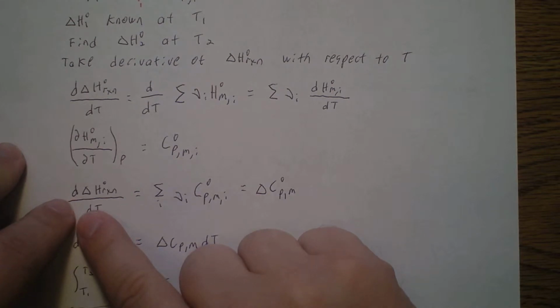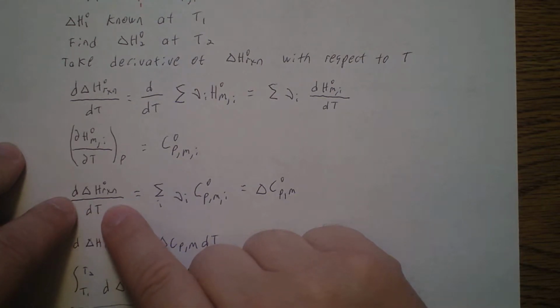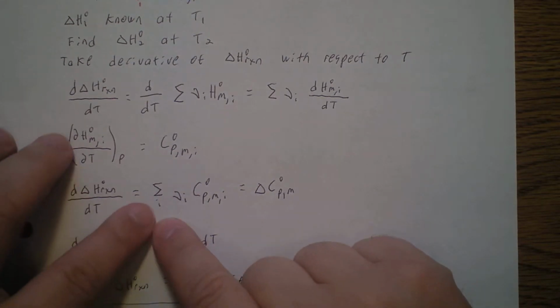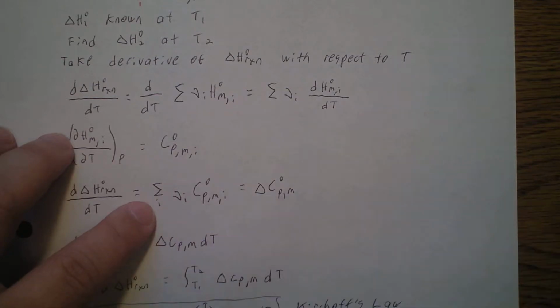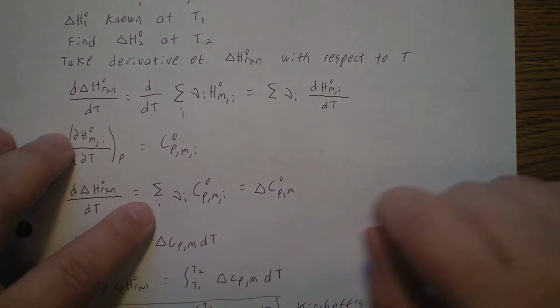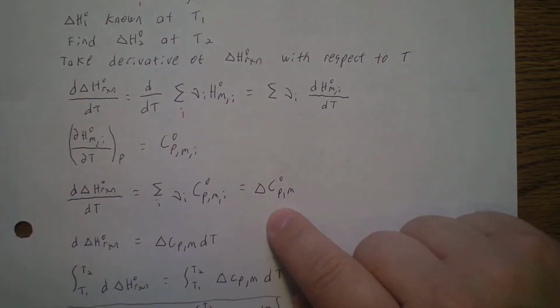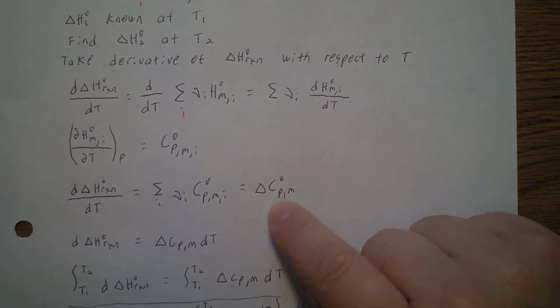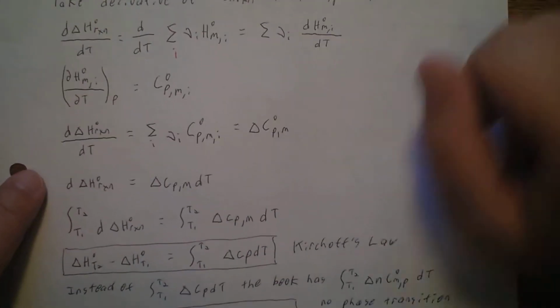So we have the derivative of the heat of reaction with respect to temperature. It's going to be the sum over the substance I of nu I of the molar heat capacity of the substance in the standard state. And that's just going to be the change in the molar heat capacity at constant pressure in the standard state.